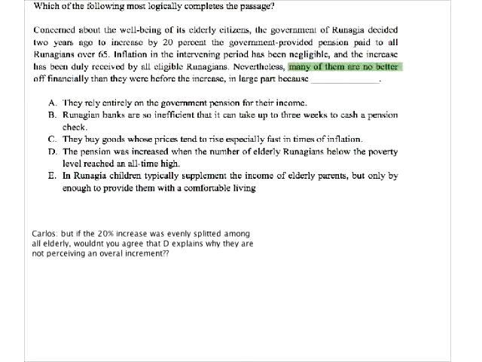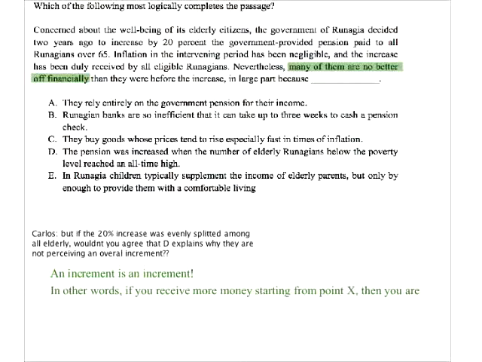It just says that they're no better off financially. I mean, an increment is an increment. In other words, if you receive more money starting from point X, then you are better off, regardless of where point X is.